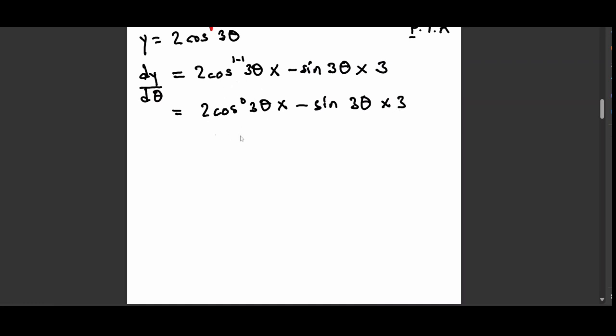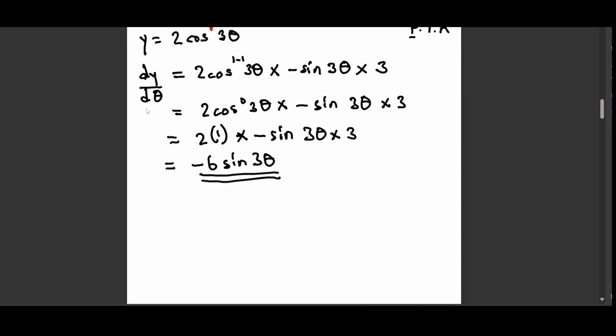Any number or expression which is raised to the power 0 gives us 1. So instead of cos 3 theta to the power 0, we now have 1 here, still multiplying by negative sine 3 theta, multiplying by 3. 2 times 1 is 2, and this 2 multiplies this 3 to give us 6. So eventually we have minus 6 sine 3 theta.